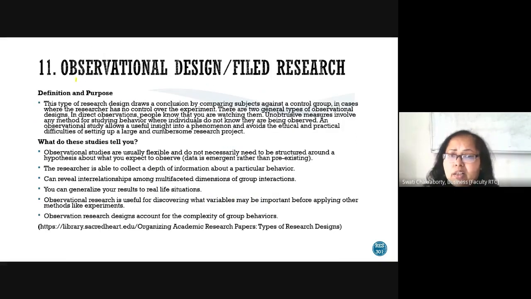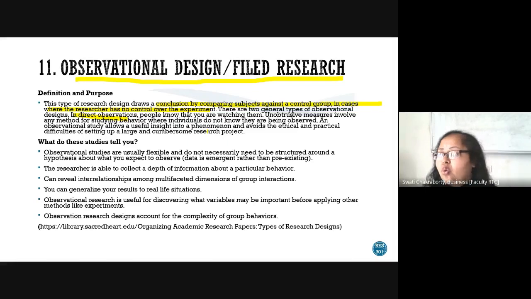The next one is observational design or field research, right? Where we draw a conclusion by comparing subjects against a control group in cases where the researcher has no control over the experiment. So there are generally two types of observational design. One is direct observation, where people know that you're watching them. Unobtrusive measures involve any method of studying behavior where people do not know that they are being watched.